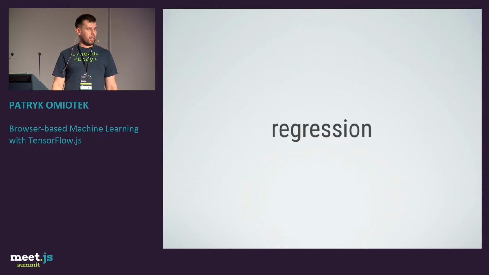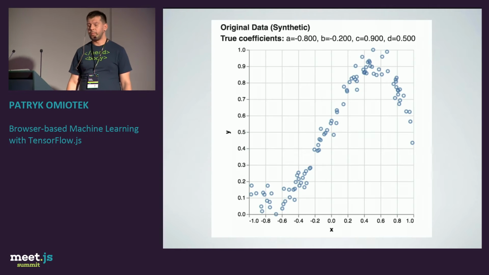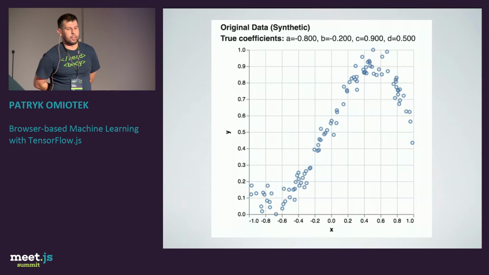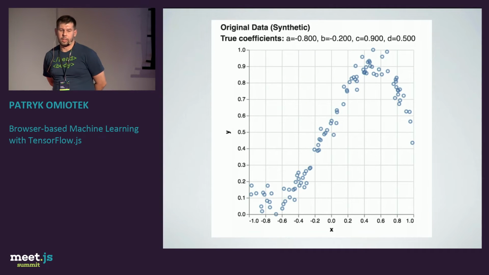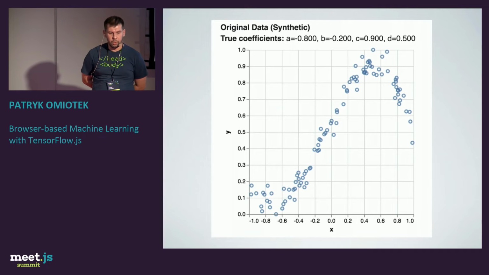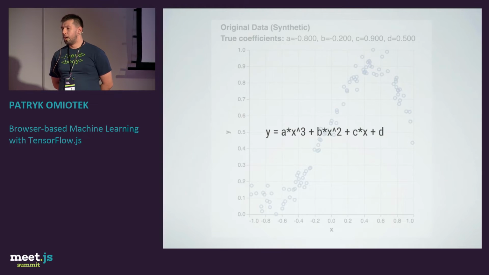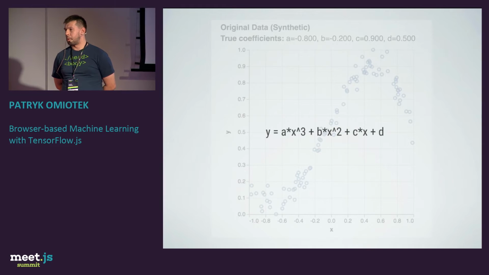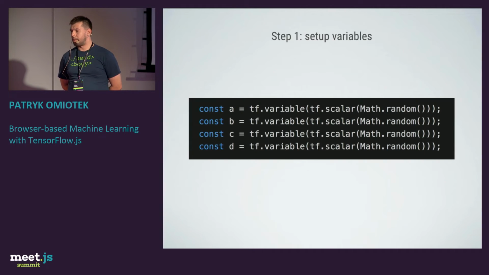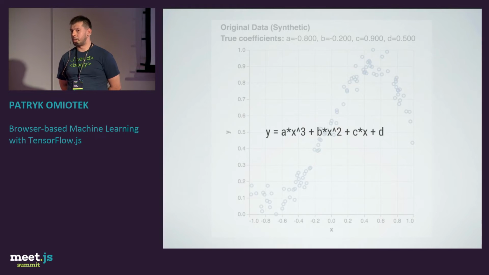Another example, popular in the machine learning world, is a regression problem. When we have a set of data, and these data are drawn, for example, on this plot, we can use a model, a cubic function, for example, that way, and define some variables, a, b, c, d, right? They are coefficients.